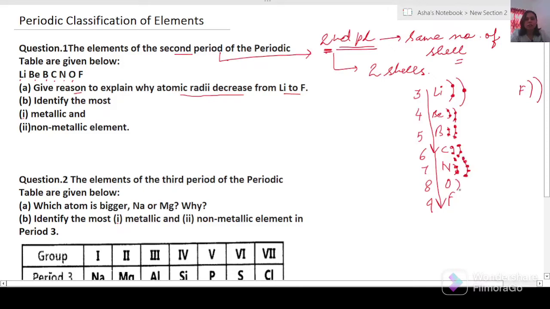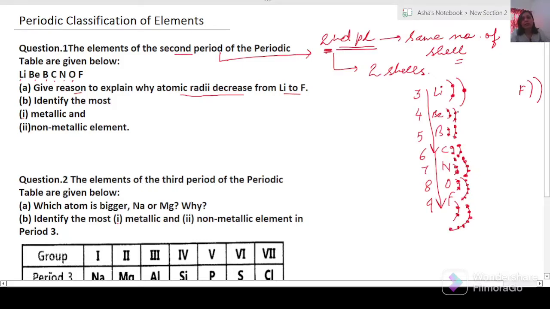Oxygen: first shell 2 and the next shell will have 6. Fluorine: first shell will have 2 and 7 will be in the second shell. Although I am just drawing like this, when we draw the full circle they will be distributed evenly: 2, 2, 4, 5, 6 and 7, right?